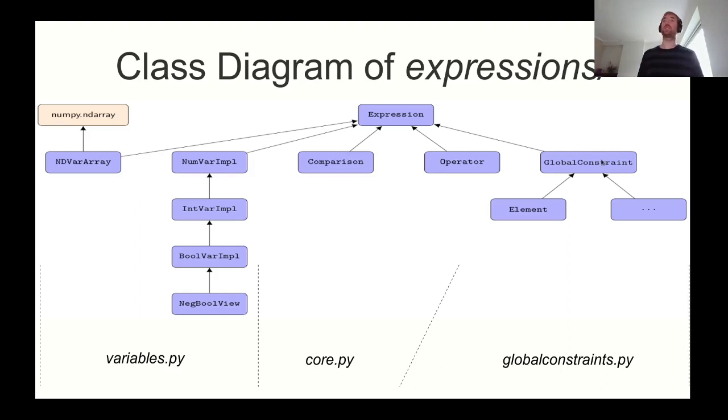And then, of course, we also have an abstract global constraint class, which is subclassed into, for example, the element constraint, the all different constraint, the maximum constraint, and so forth. Now these are actually the three files that contain it. As you can see, we don't have a binary operator and an n-ary operator; it's just one operator class that then has properties, and it means that our transformation rules can be quite simple. They only have to support a limited number of cases.